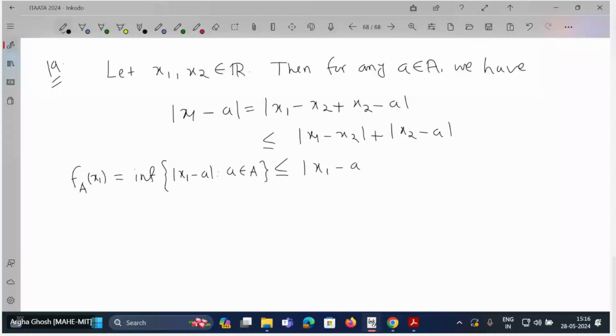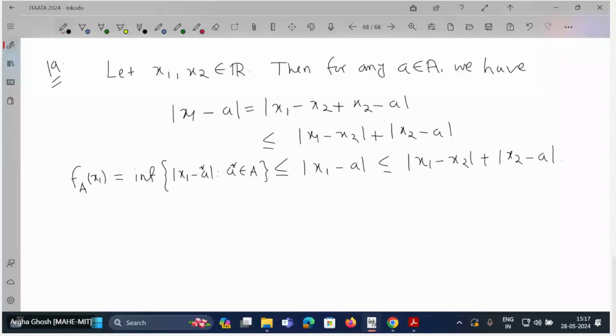Infimum means the lower bound, so it should be less than or equal to any element, x1 minus a. You might change the notation, let's say this is a star because we chose a over there. So the infimum is less than this, so we have mod of x1 minus x2 plus x2 minus a.